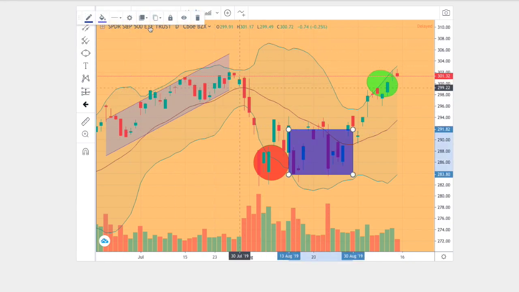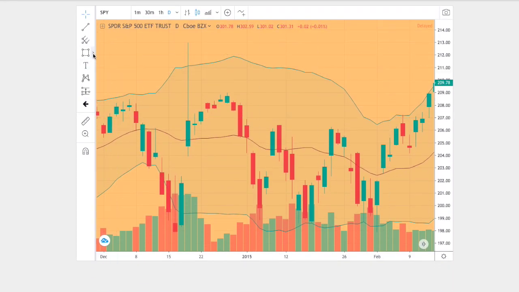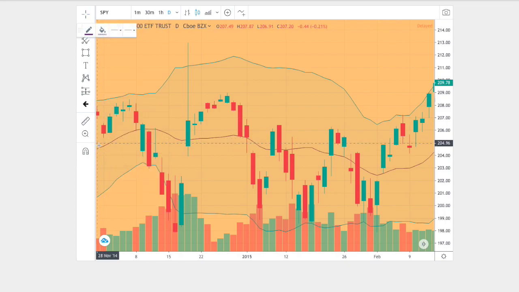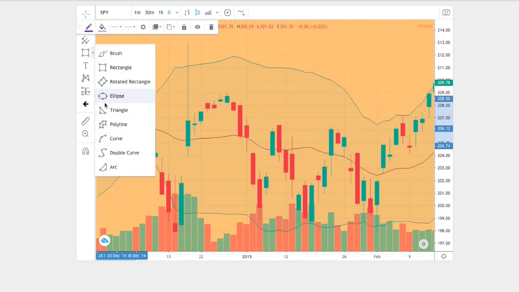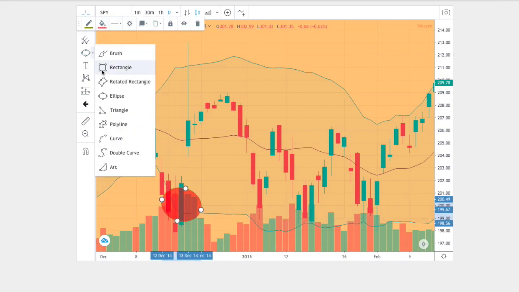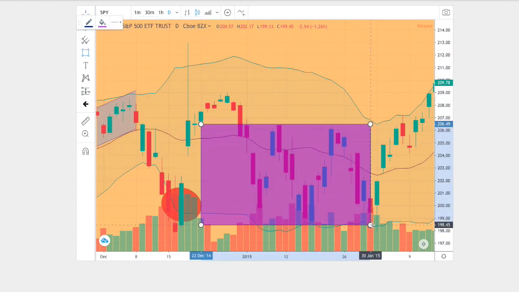Let's just make this purple. On here we see a similar instance, but in this case we start off above the middle Bollinger Band, and then we proceed to break down and touch the bottom Bollinger Band right here. Next we start to see sideways price action as indicated right here.